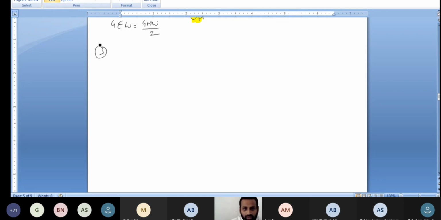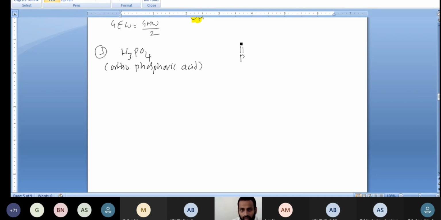Okay, one more, H3PO4, orthophosphoric acid. The previous one I wrote is orthophosphorus acid. If you have any doubt, you can ask me. So the structure of this is the same story.